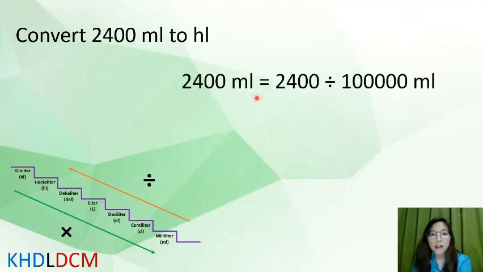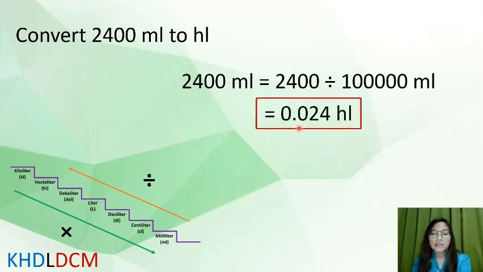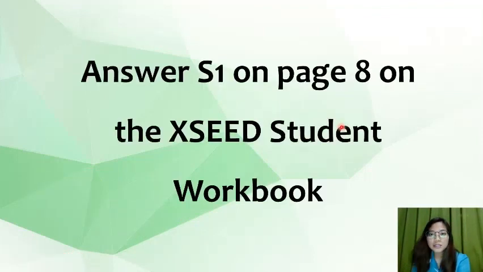So 2,400 milliliters is equal to 2,400 divided by 100,000. So the answer is 0.024 hectoliter. Now, answer your student workbook through Google Classroom.